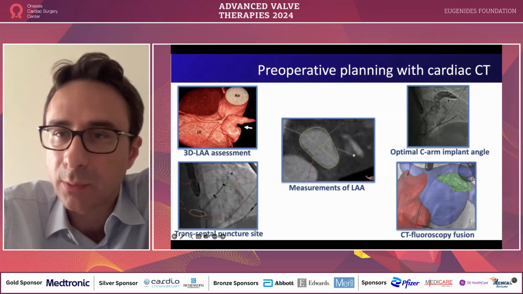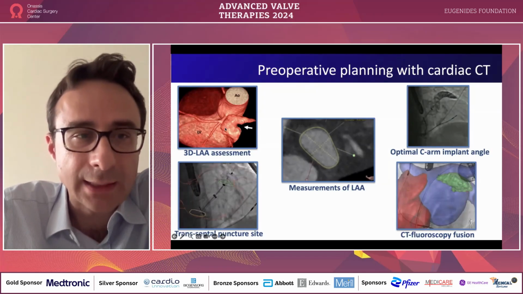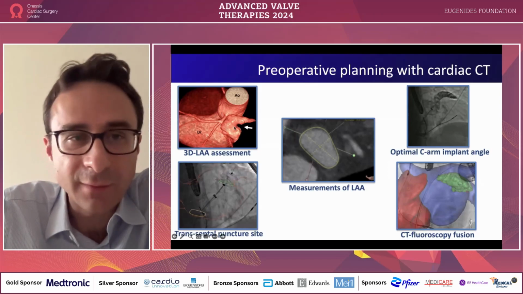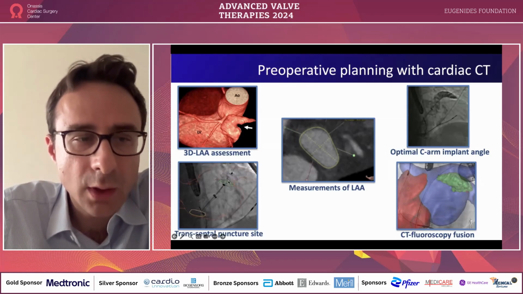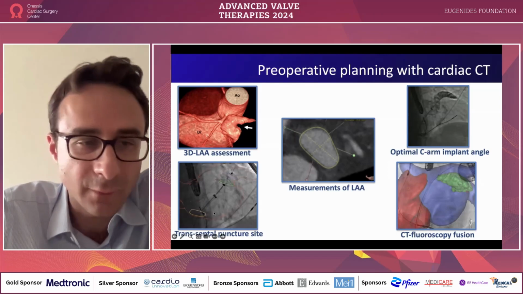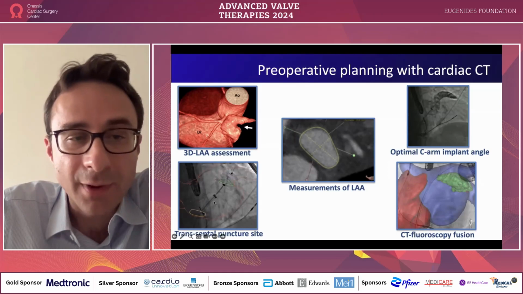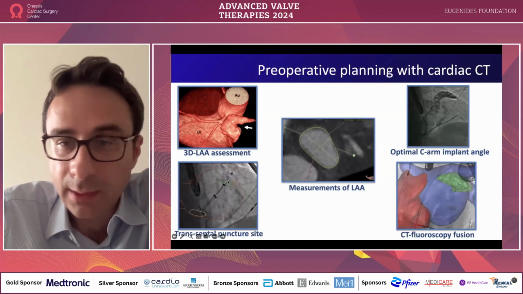They are not overlapped, and we can also see the distal development of the left appendage. At the same time, the CT can provide a three-dimensional overview and the orientation of the different lobes. This is something that we cannot have with the transesophageal echo, but it can also suggest the best site to perform the transseptal puncture, the site that guarantees the perfect alignment with our delivery system for the deployment.